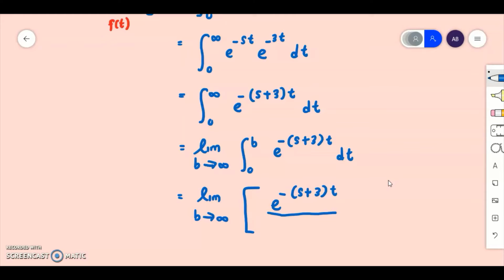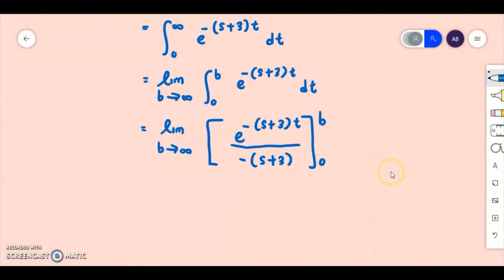So you write it on the bottom. So we have negative (s plus 3). Okay, so this one now from 0 to b. Depends where you want to write your negative. You can write it in the front or bottom, doesn't matter.